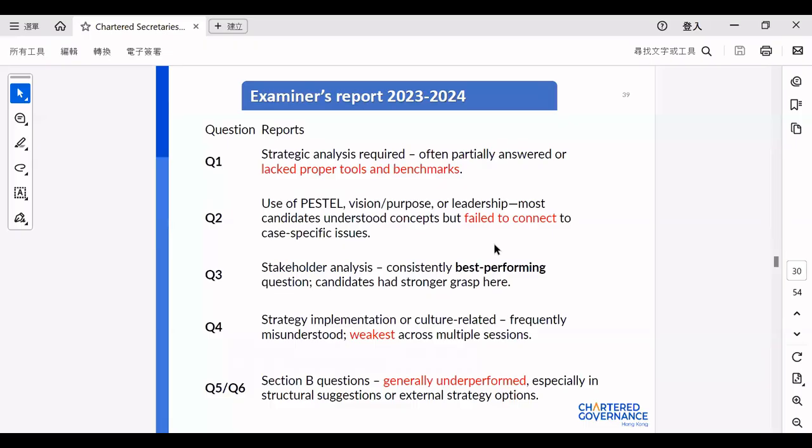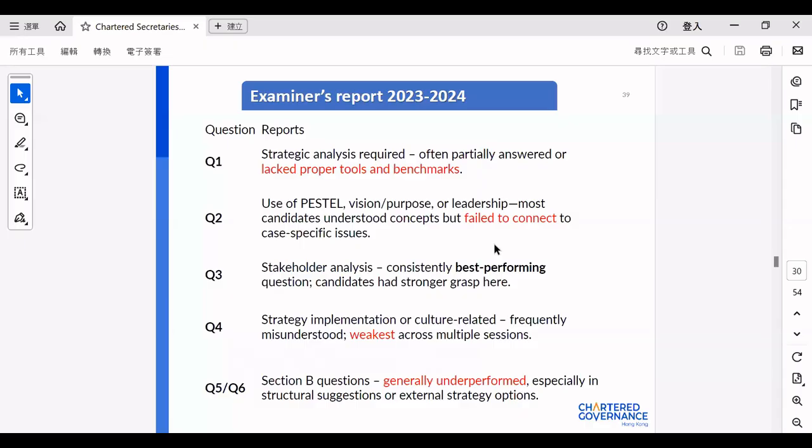Very frankly, this is very different from other subjects. Just reading the past paper is not enough. You need to understand it and apply the concepts to the cases, which makes it more difficult because it's a level 2 module, so it requires more application.